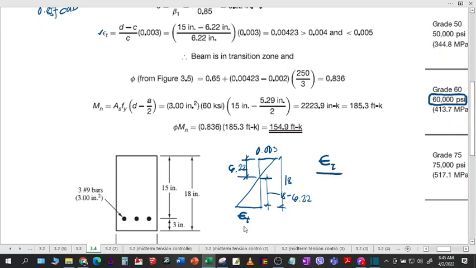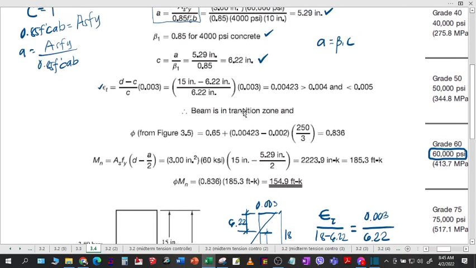Tension in steel, this one, the base over the height, that will be 18 minus 6.22, and that's equal to this one, 0.003 over 6.22. And we can get the tension in steel, the tension strain. Using your calculator, you can solve it, and this is 0.00423.